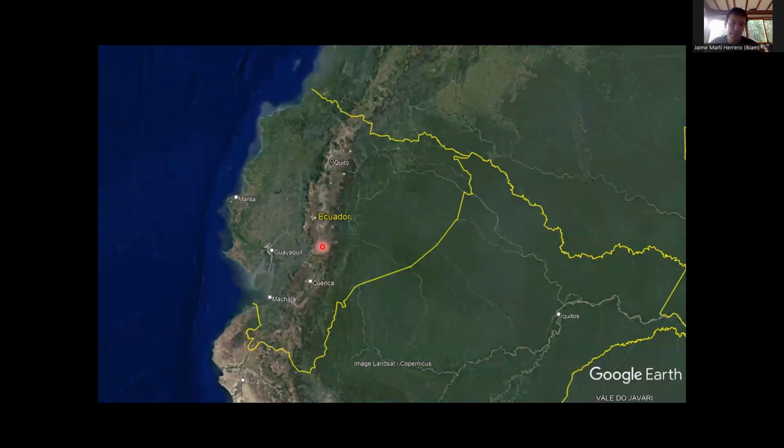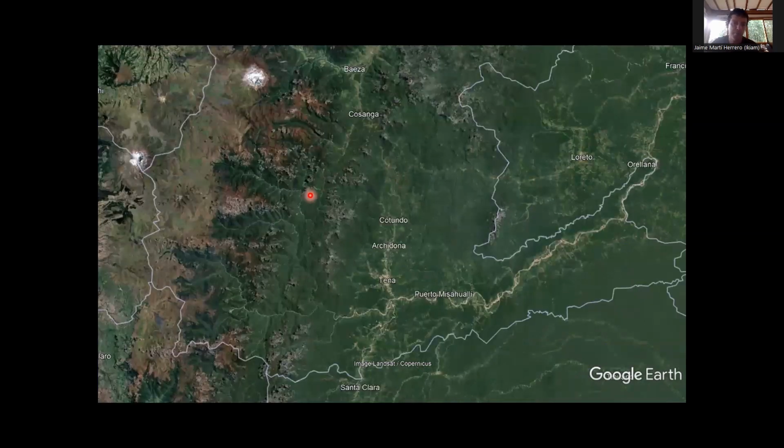Later, in the middle, you have all these mountains, with volcanoes that achieve more than 6,000 meters above sea level, and later the Amazonia of Ecuador, all in the east, the tropical forest. We are now just in the transition between the mountains, the Andes, and the Amazonia.